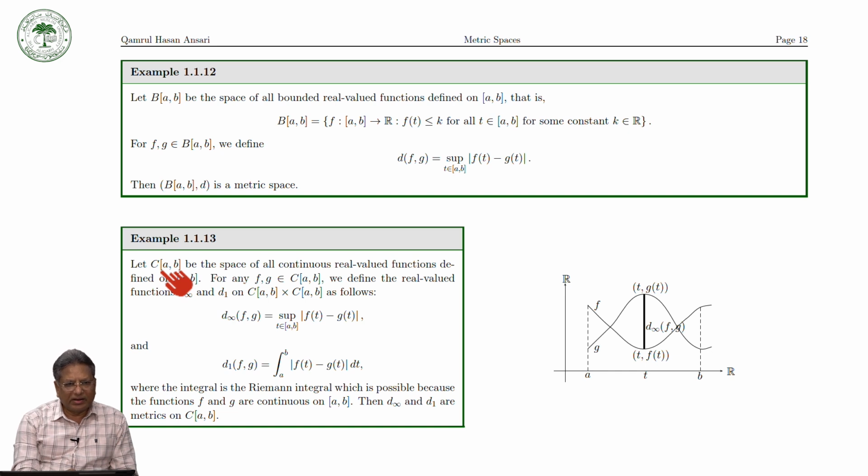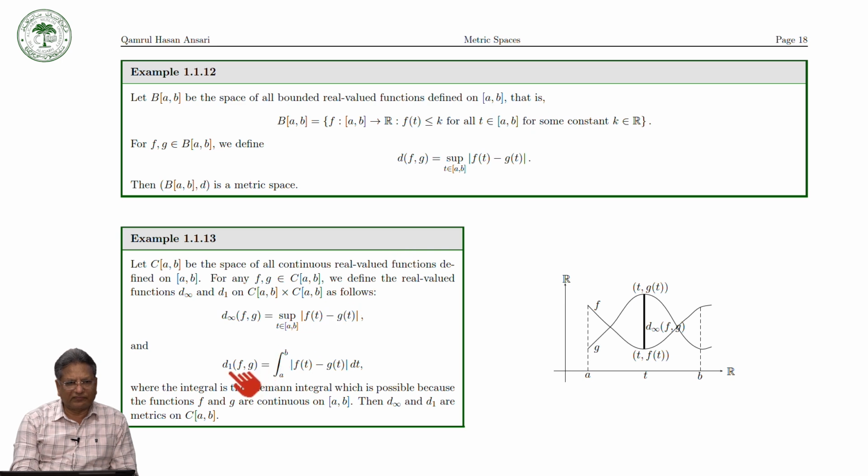Then we can take f and g, any two elements in C[a,b], and define the real valued functions d infinity and d1 on C[a,b] cross C[a,b] as follows. The d infinity(f,g) is equal to the supremum of mod of f(t) minus g(t).